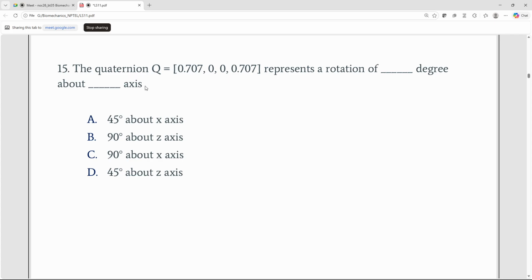So what does the quaternion Q equal to 0.707 comma 0 comma 0 comma 0.707 represent? What is the rotation and the axis? Options are option A 45 degree about x axis, option B 90 degree about z axis, option C 90 degree about x axis, option D 45 degree about z axis.